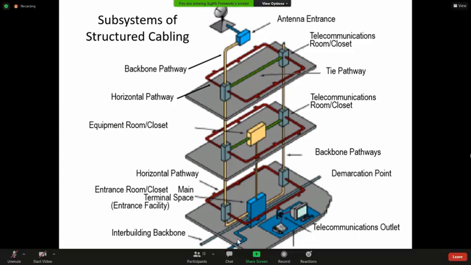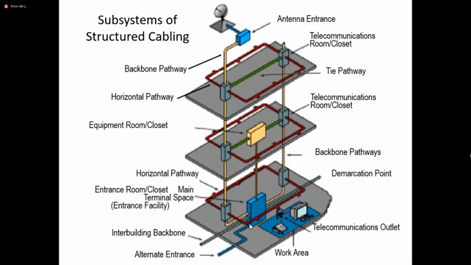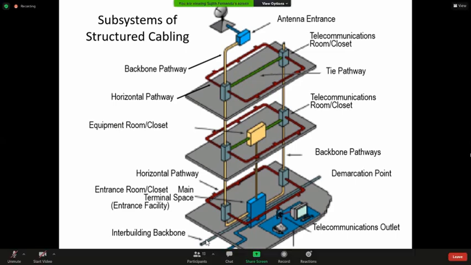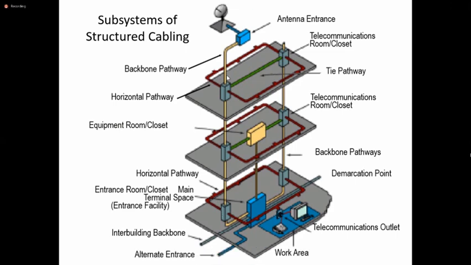And so this is the entrance to the building. Then there is internal wiring everywhere. It says here inter-building backbone, which should be connected to the vertical wiring, right?